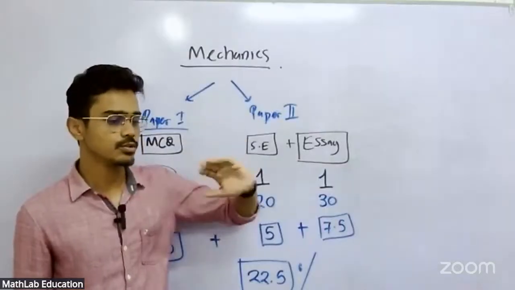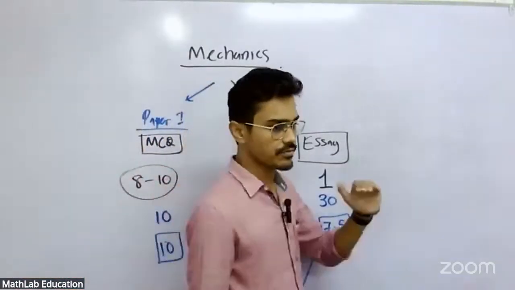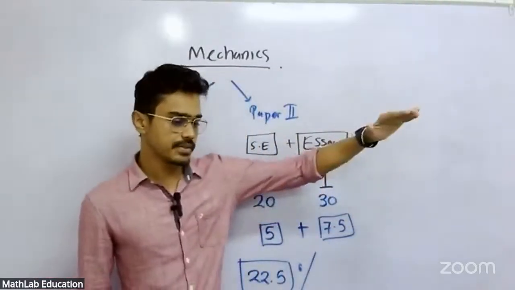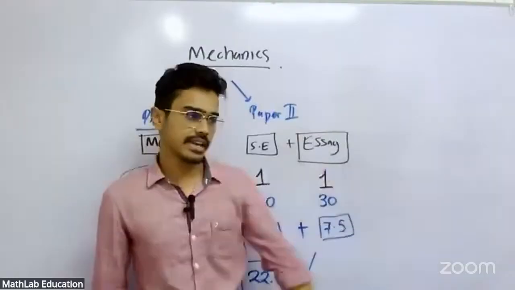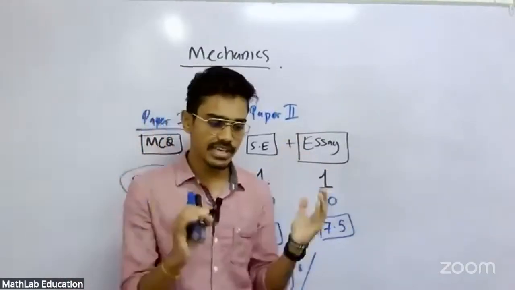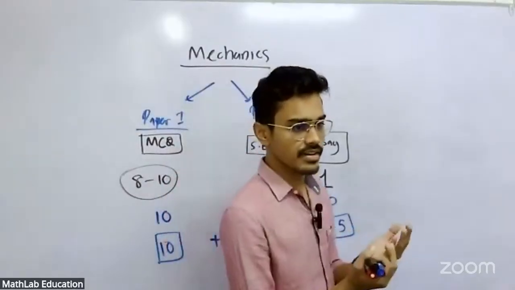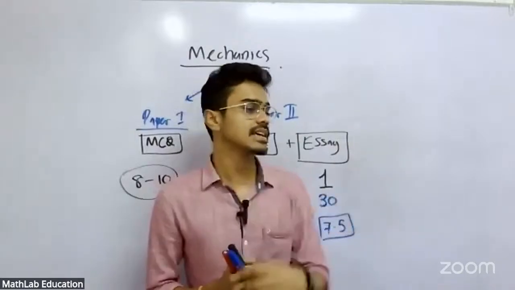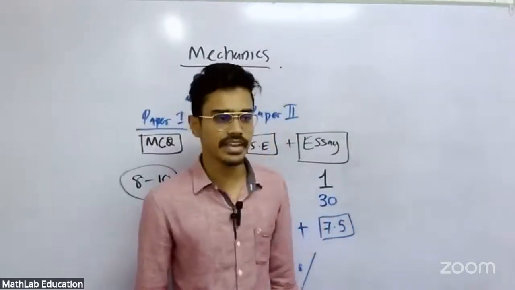Then you won't break that flow. Once that flow is there, you can easily build this up until the very end of mechanics. Everything in mechanics is connected itself, and mechanics is linked to all of the units. That's the beauty of mechanics.